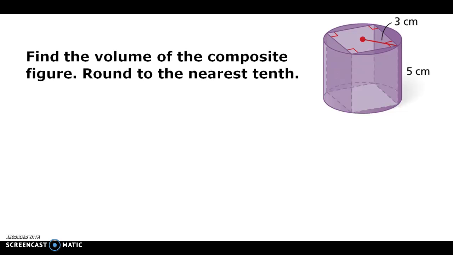Alright, so now we're finding the volume of composite shapes. We're taking this cylinder, and we're carving out a prism out of it. So it'll be like a hollow. To hollow it out, we need to find the total volume.